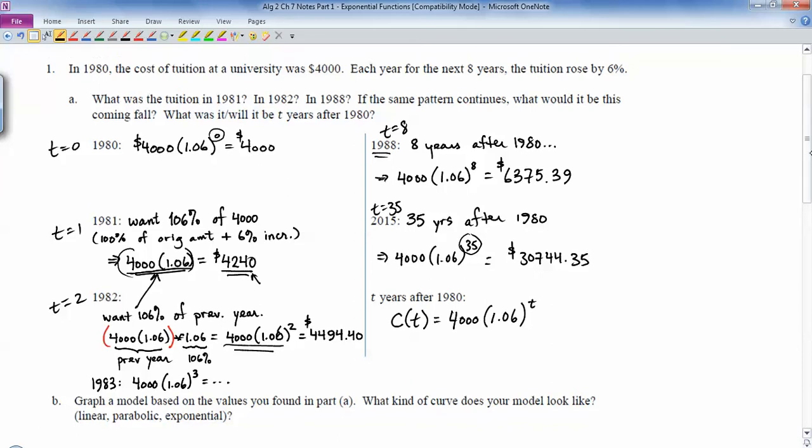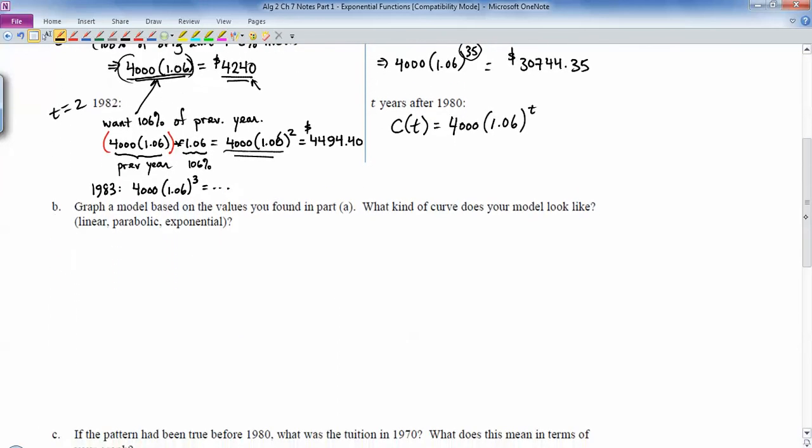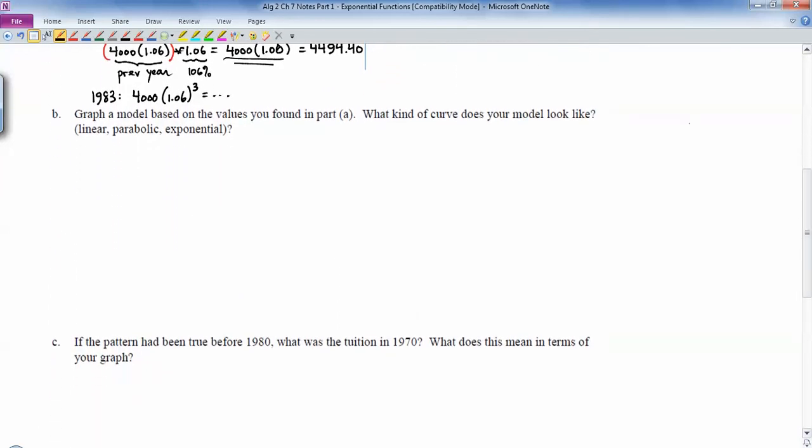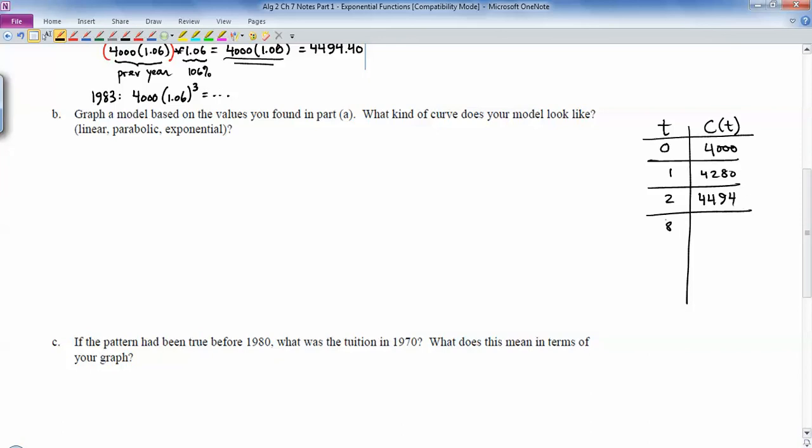All right. So let's graph a model. Okay. So here's what I'm going to do. I'm going to make a little table of values here. Time, the years, and the cost. And we figured out some of these things when it was 1980, so 0 years after 1980. The cost was 4,000. And then, let's see, when t was 1, we had 4,280. And when t was 2, we had 4,494. When t was 8, we had 6,375.